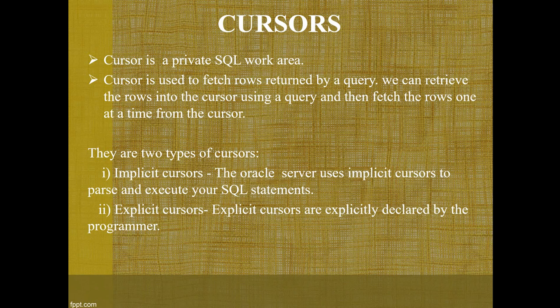In implicit cursors, the Oracle server uses implicit cursors to parse and execute your SQL statements. Explicit cursors are explicitly declared by the program. These are the two types of cursors.